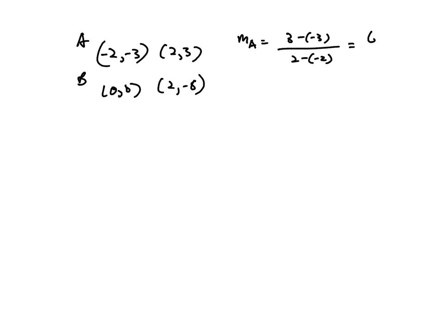That is 6 over 4, which is 3 halves. Slope B, you have negative 8 minus 0 over 2 minus 0. So this is negative 8 over 2, which is negative 4.